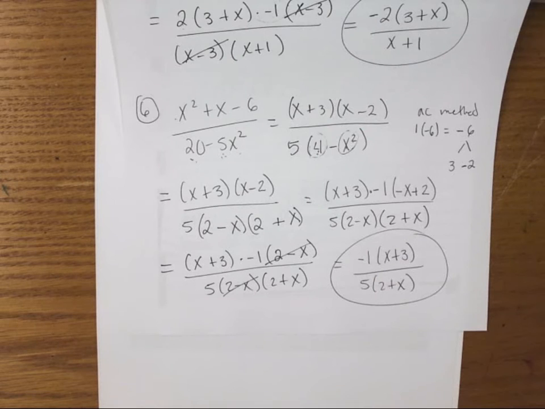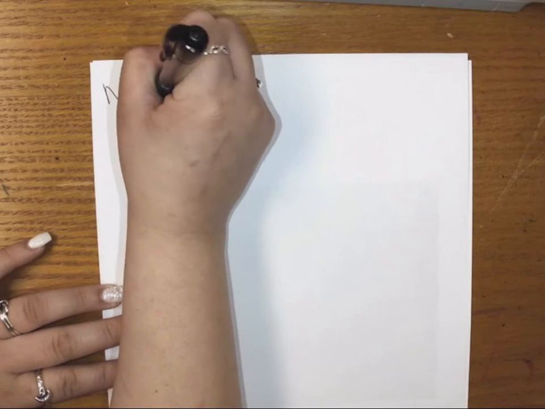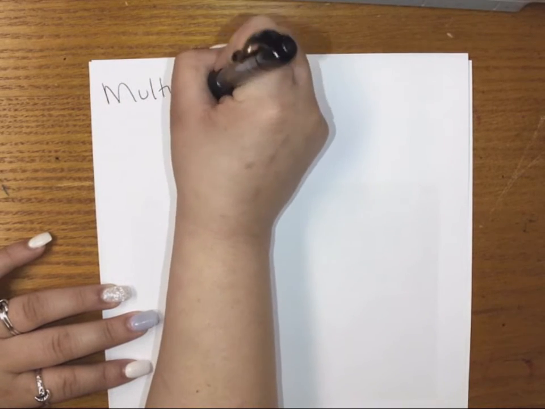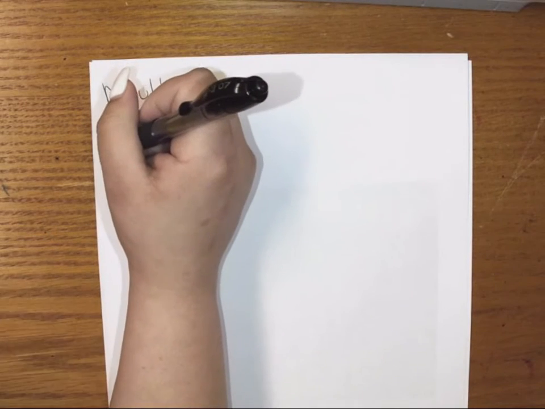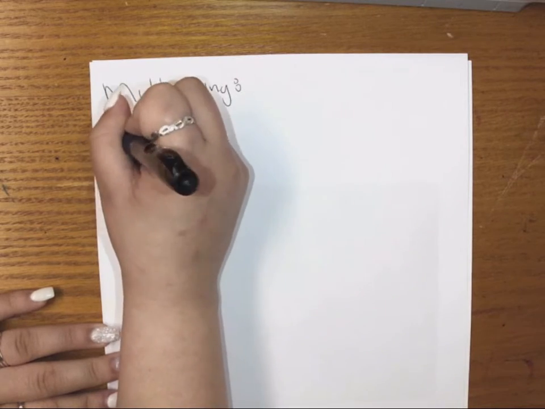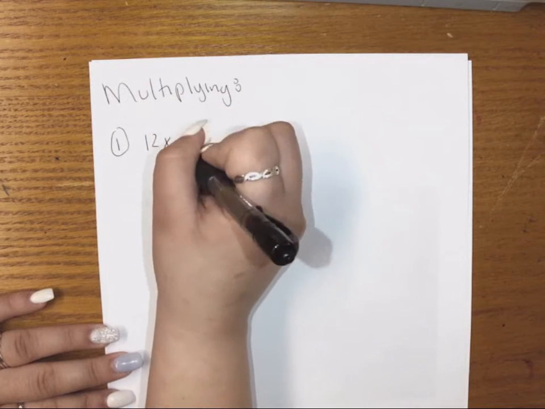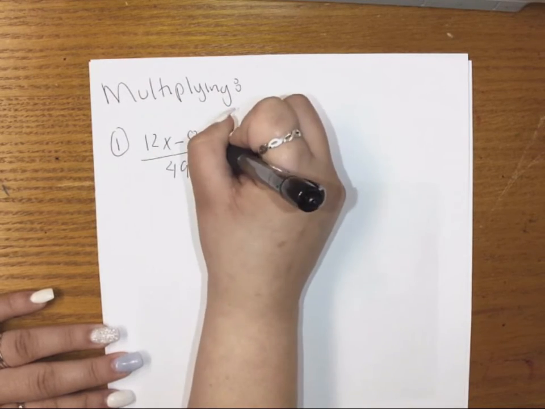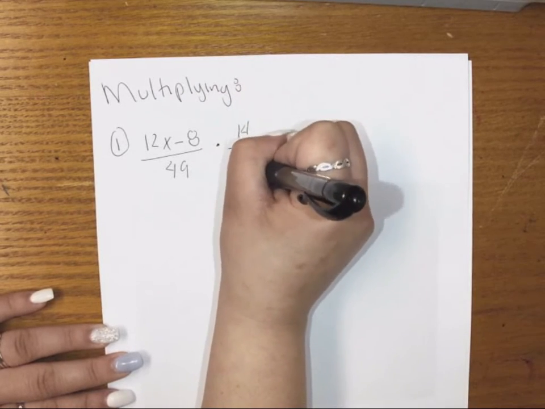So that's a little bit of practice of how to simplify rational expressions, because we're going to need that for this section. Now we can move on into actually multiplying rational expressions. Let's start with multiplying 12x minus 8 over 49 times 14 over 2 minus 3x.